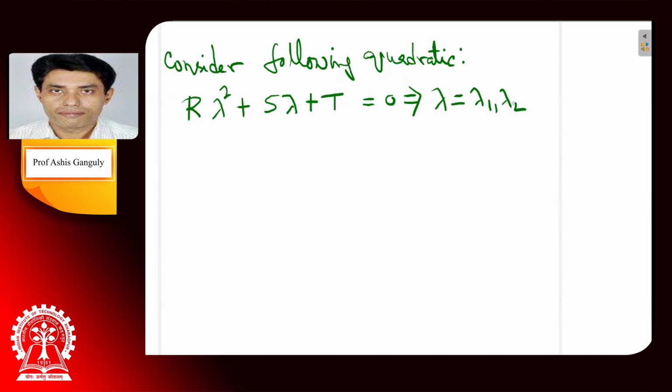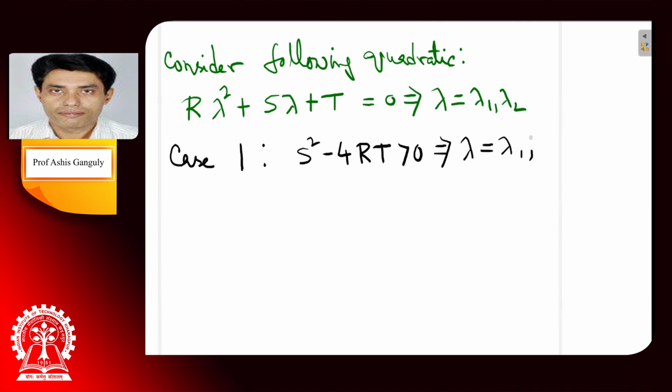Now, from the theory of algebra, you know there are three cases. Case 1 is when the discriminant S square minus 4RT is greater than 0, which will give you two real and distinct roots.